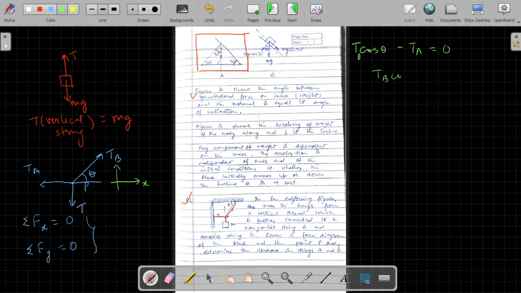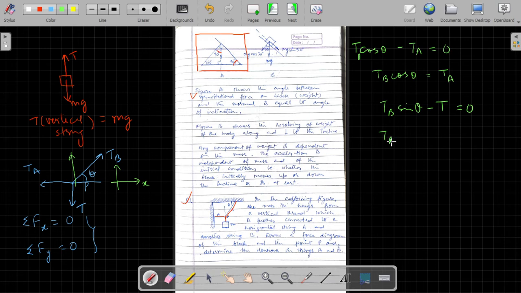So TB cos theta should be equal to TA, and the component TB sin theta, in this particular direction, should be nullified by the tension in vertical downward direction.